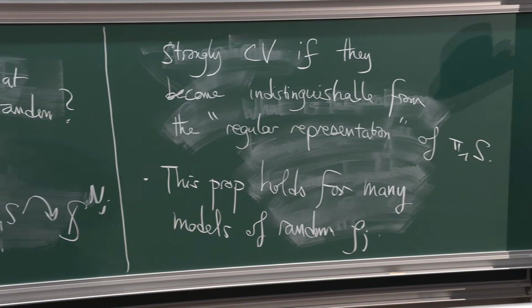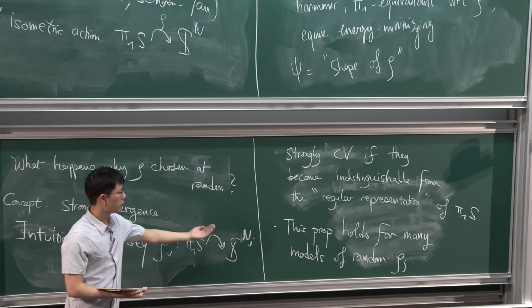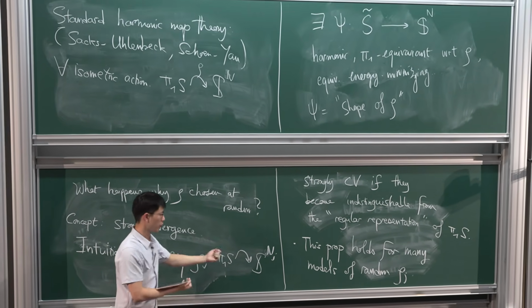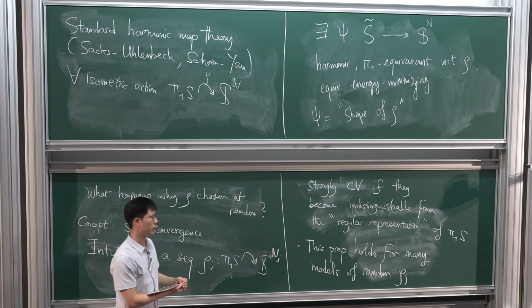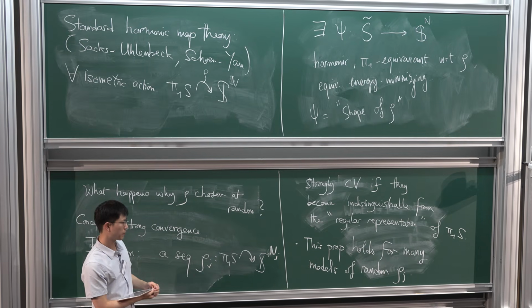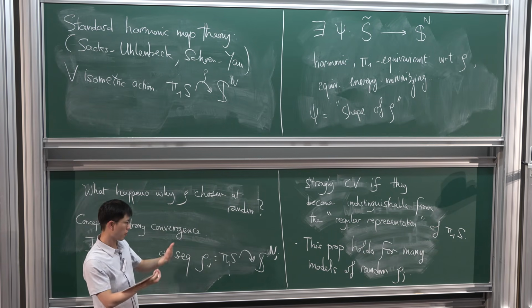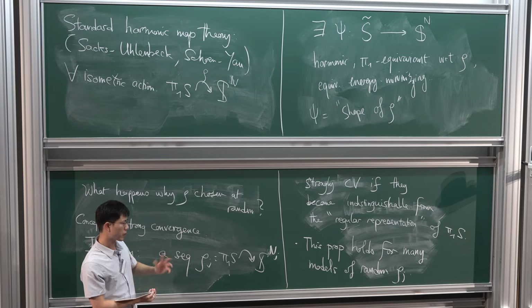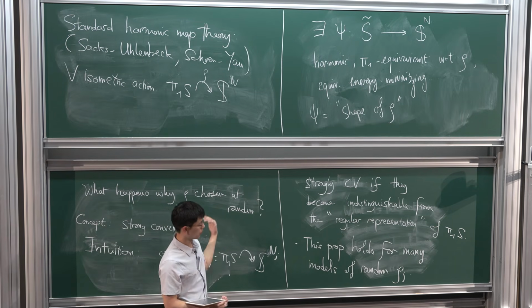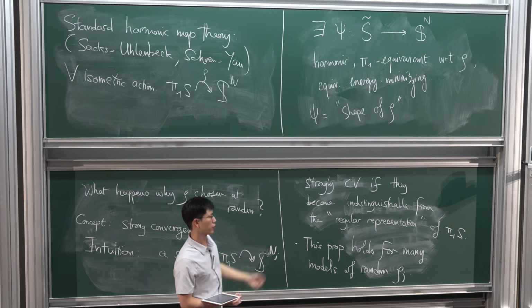Let's say you start with a free group instead of a surface group, of rank k. An isometric action is determined by where you send the generators of your free group. You can choose those generators according to some probability measure, for example, the Haar measure on the space of linear isometries, etc. All the natural choices basically are going to give you this property that you're strongly converging.